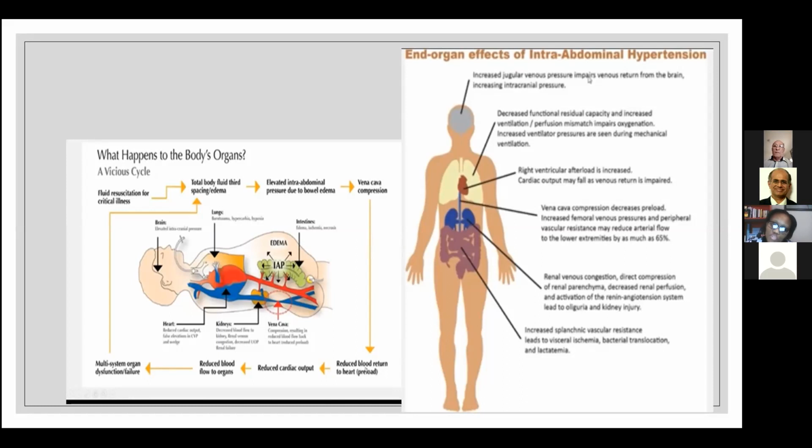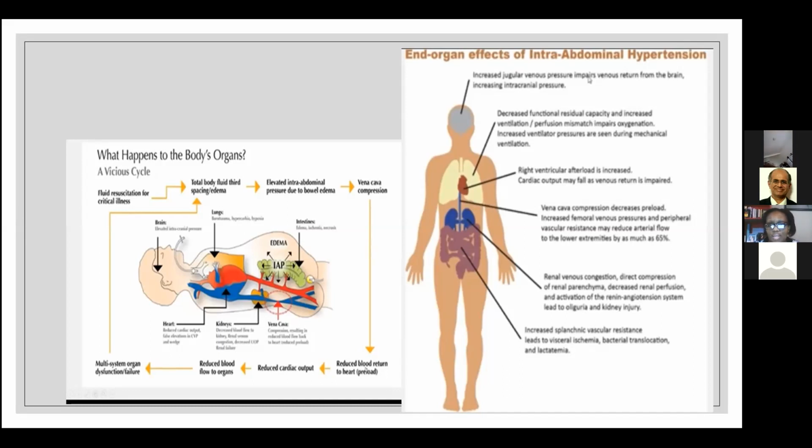This reduces the preload, which reduces the cardiac output. Then there's reduced blood flow to the organs, which leads to multi-system organ dysfunction or failure. And then once you have all those organ dysfunctions, the patient also becomes hypotensive. Then you continue the cycle again.